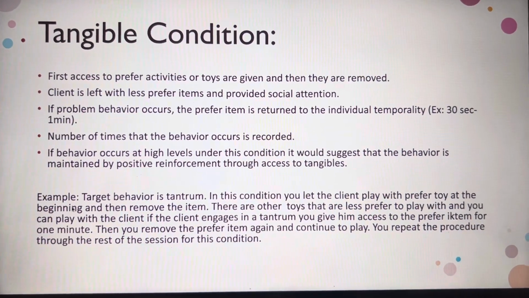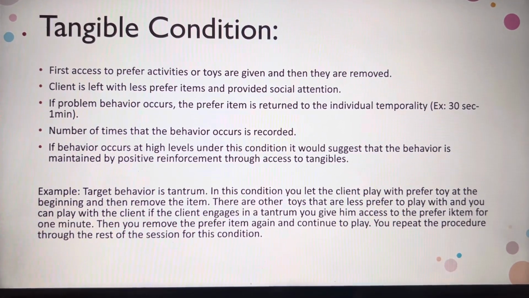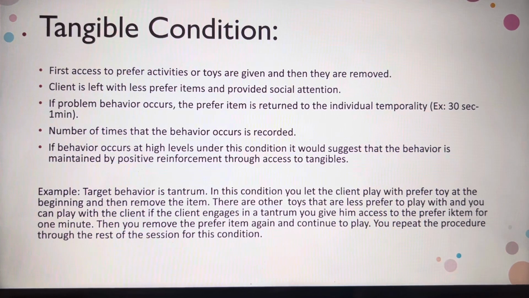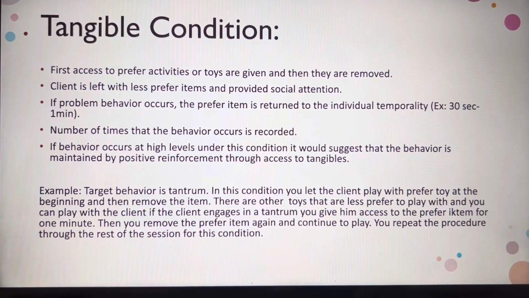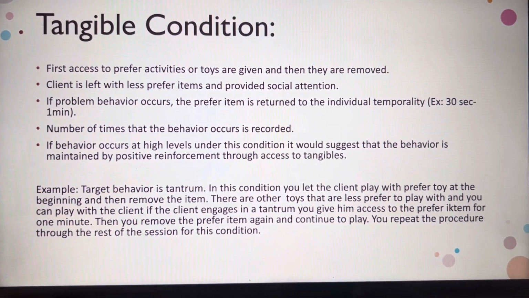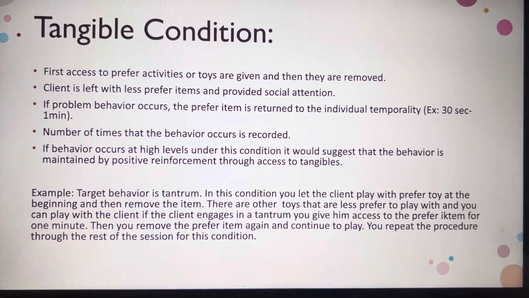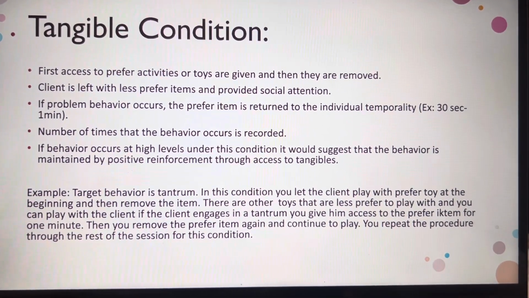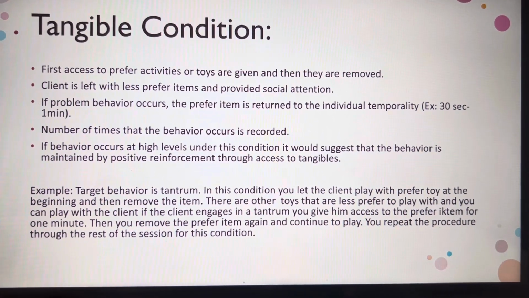Tangible condition. First, there will be access to preferred activities or toys, and then they're removed. The client is left with less preferred items and is provided with social attention. If problem behavior occurs, the preferred item is returned to the individual temporarily. The number of times the behavior occurs is recorded. If the behavior occurs at high levels under this condition, it will suggest that the behavior is maintained by access to tangibles.